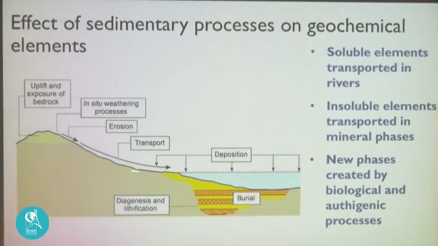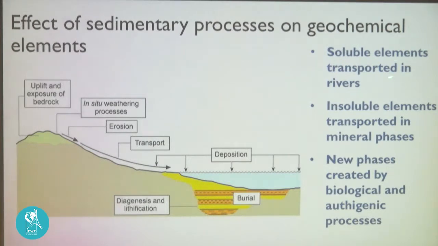Now I'm going to move to the sedimentary side of the cycle. And what I want to show here is the effect of the sedimentary process to modify the composition of the material that is eroded from the continental crust. We know the composition of the upper continental crust, but then when the material is eroded and transported and deposited, the composition changes.